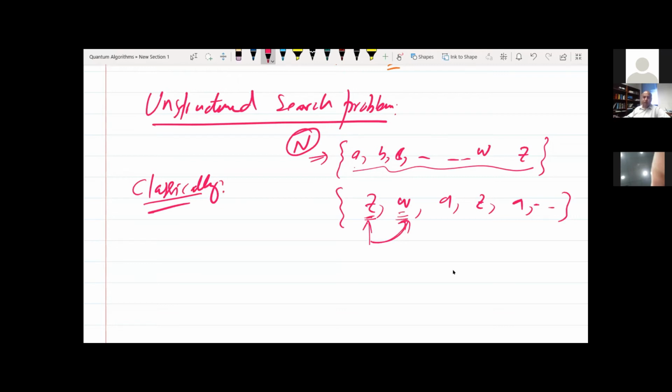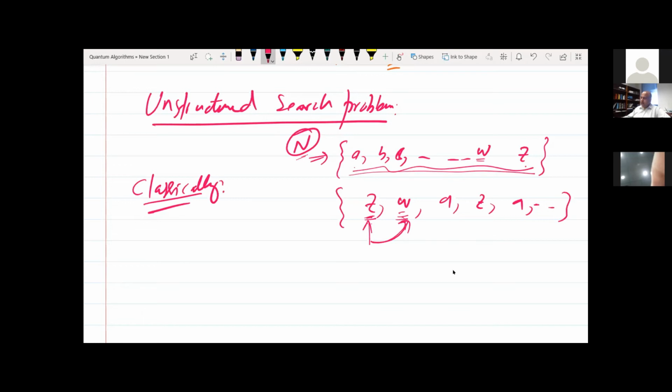So you have found W. If you're lucky, you can find it in 2 steps. But if your W happens to be the last element, then you will have to go through it n times before you are able to find the W. So your worst case scenario requires you to do n searches through this database.